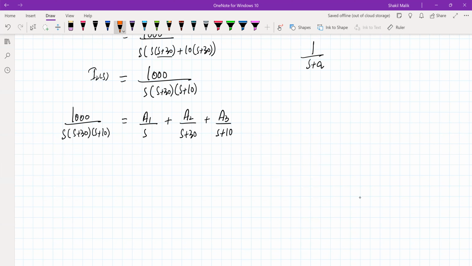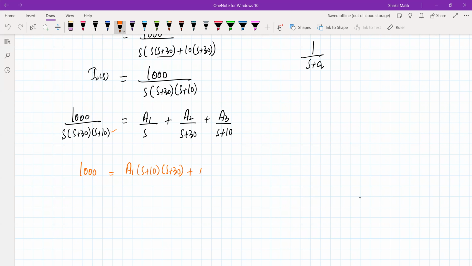The procedure I'm going to use is simple: multiplying both sides by this denominator. If you multiply both sides by the denominator, we'll be left with 1000 on the left hand side, and on the right hand side, s and s will cancel. We'll have A1 times s plus 10 times s plus 30.